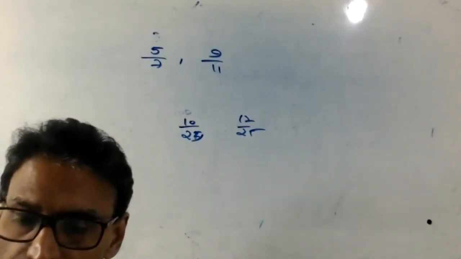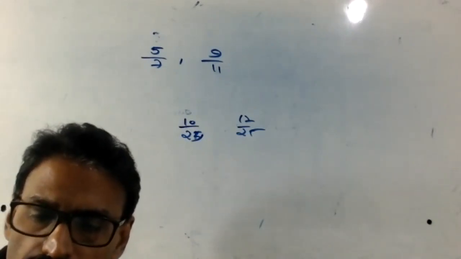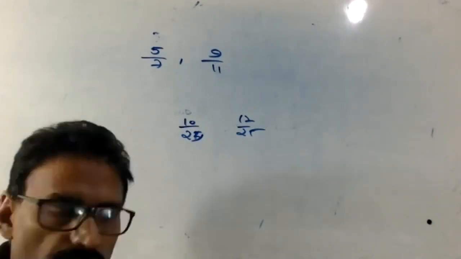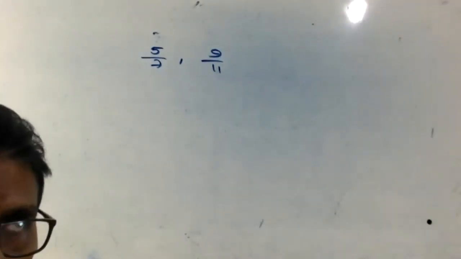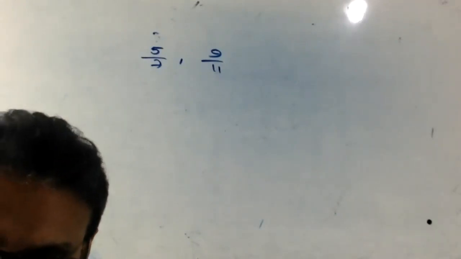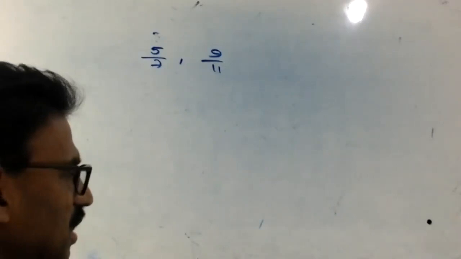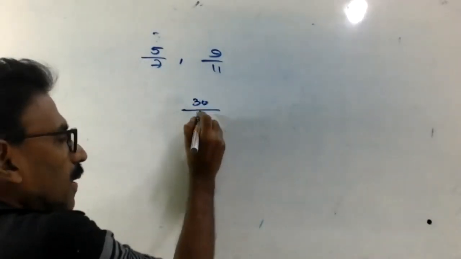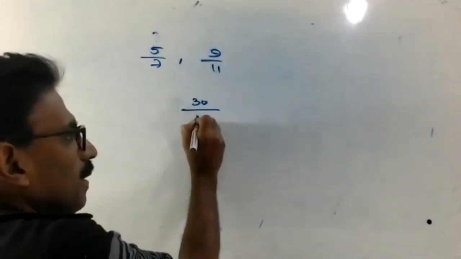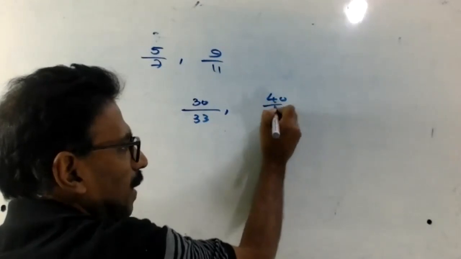Okay. Who told Naveen to find the LCM and all? You listen here. First of all, you have to check whether the denominators are equal or not. If they are equal, for example, 30 divided by 33, 40 divided by 33.